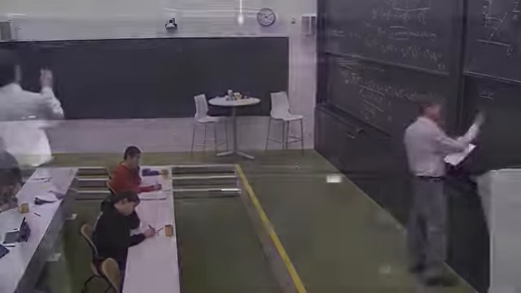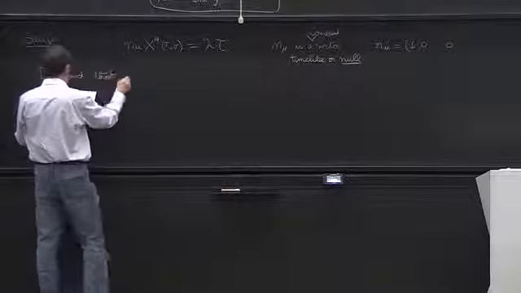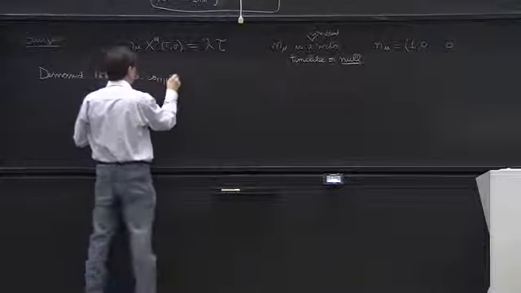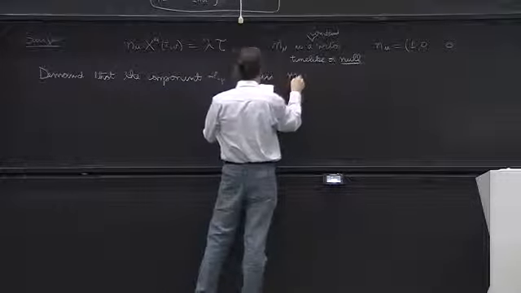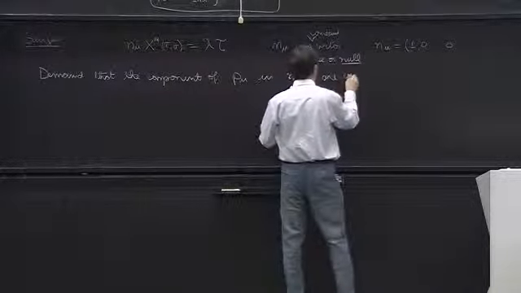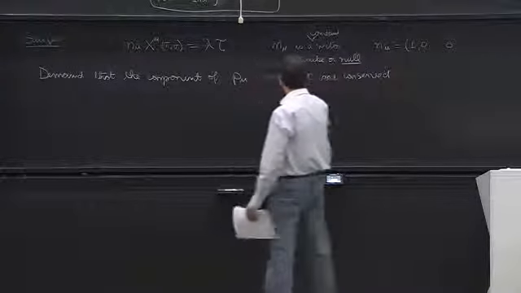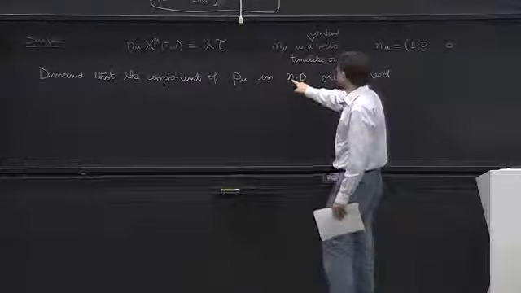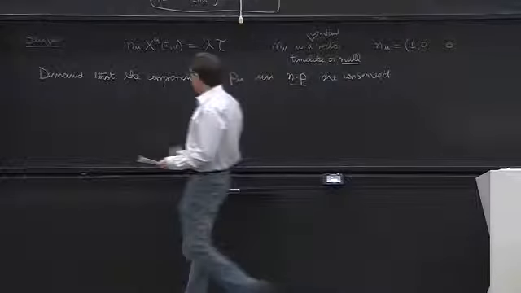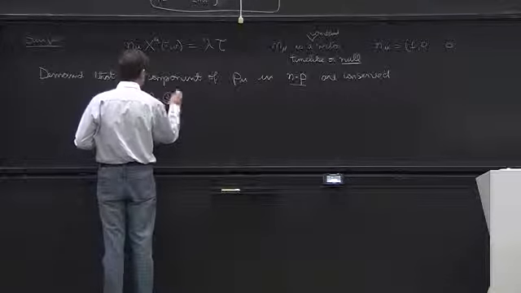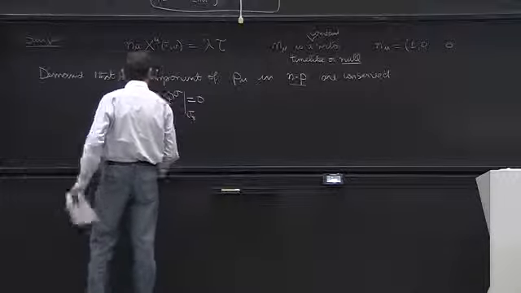And we're going to demand, in order to make this work, that the components of P mu in n dot P are conserved. N dot P will involve some product of momenta. Well, I want all of those to be conserved. So I want n dot P sigma to be 0 at sigma star, any sigma star.